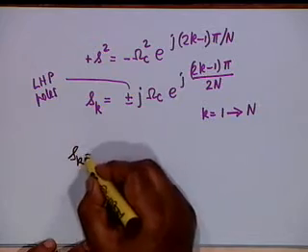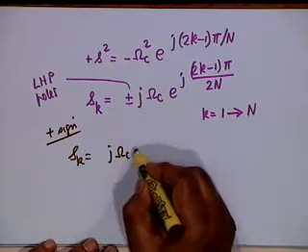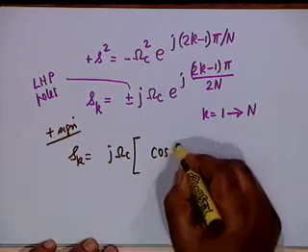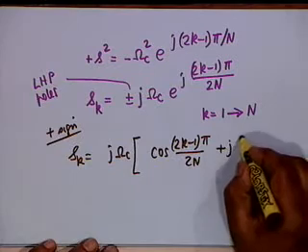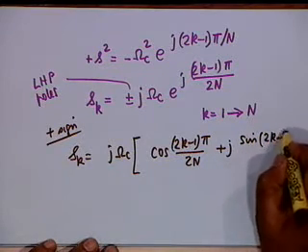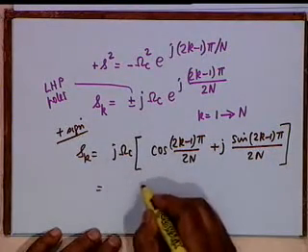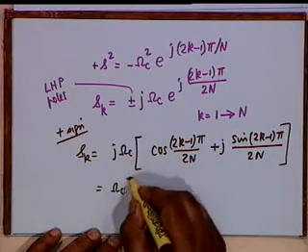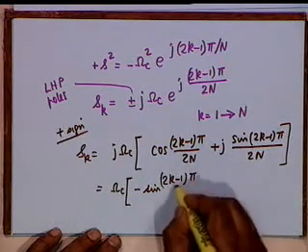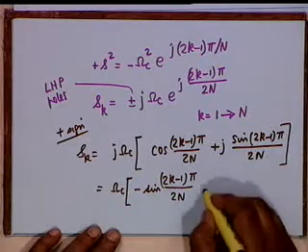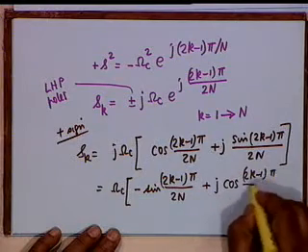Sk with the plus sign is j omega c times cosine of 2k minus 1 pi divided by 2n plus j sine of 2k minus 1 pi divided by 2n. And if I multiply by j, then I get omega c times minus sine of 2k minus 1 pi divided by 2n plus j cosine of 2k minus 1 pi divided by 2n.